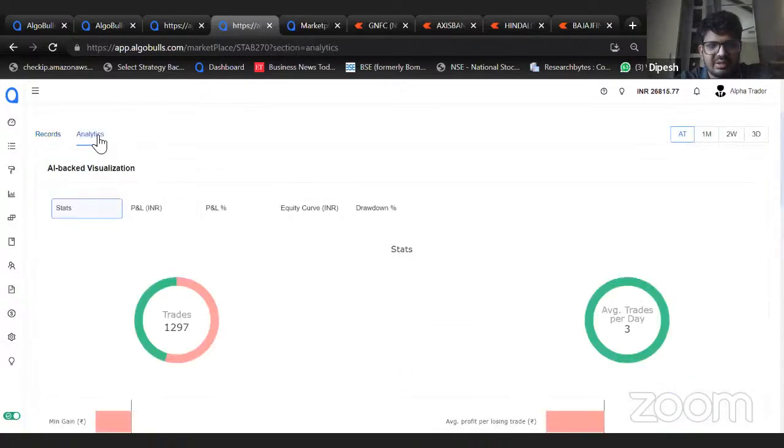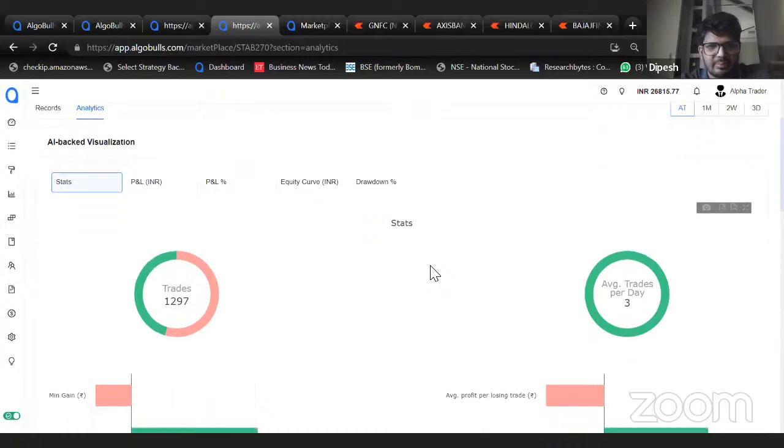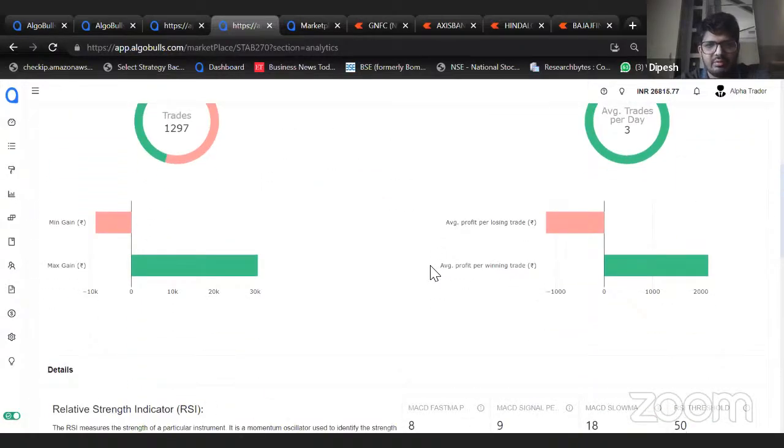But since the release of a SEBI circular which mandates us to not show any returns or anything that will give an idea about how the strategy has performed as a historical data point, we cannot show it. So unfortunately we had to bring it down.